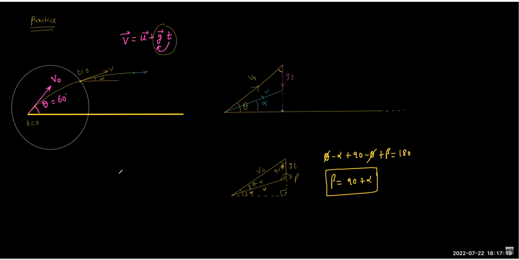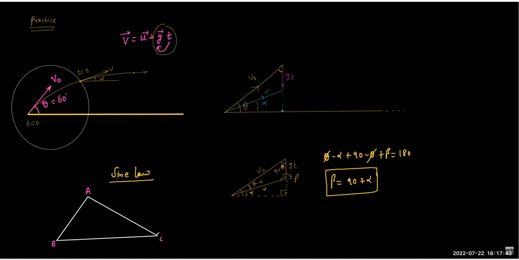So we have something called sine law, which I'll prove also in due course, using vector notation, which is part of our syllabus. We'll learn it at the end of this chapter.